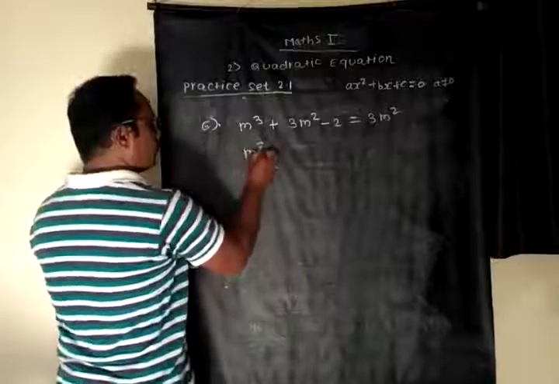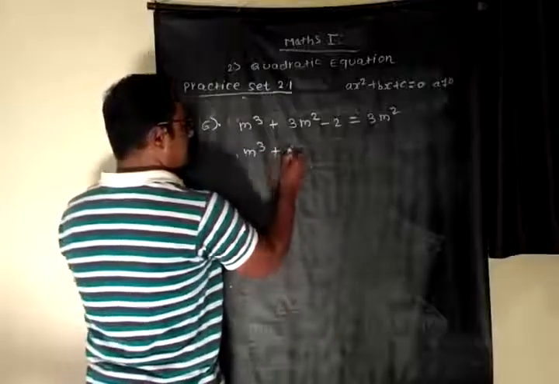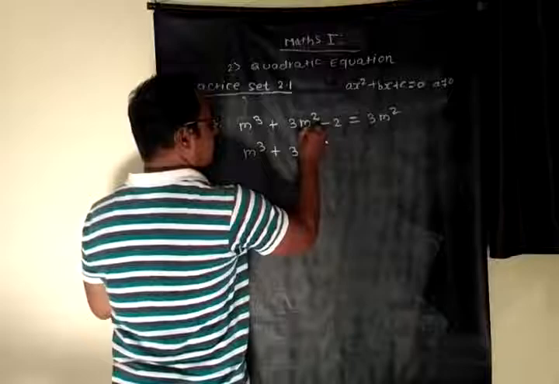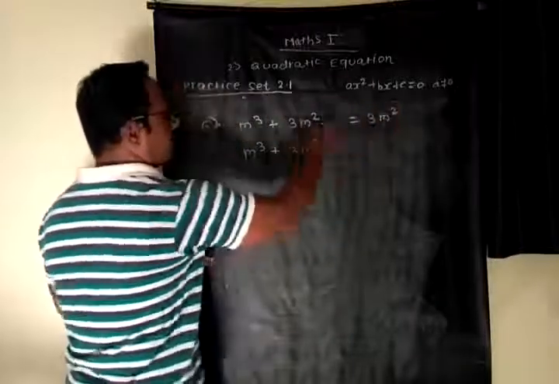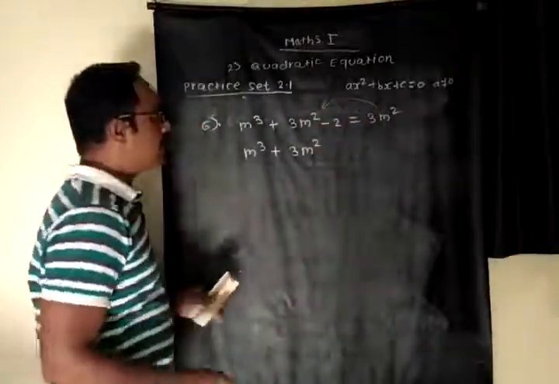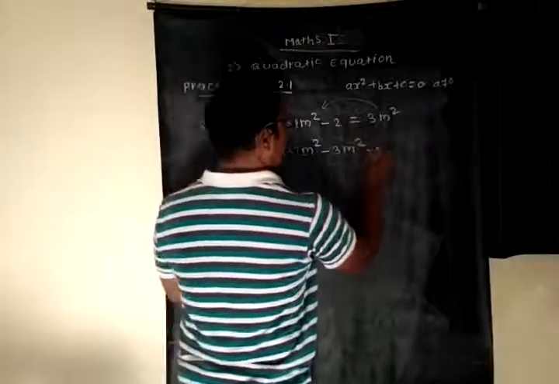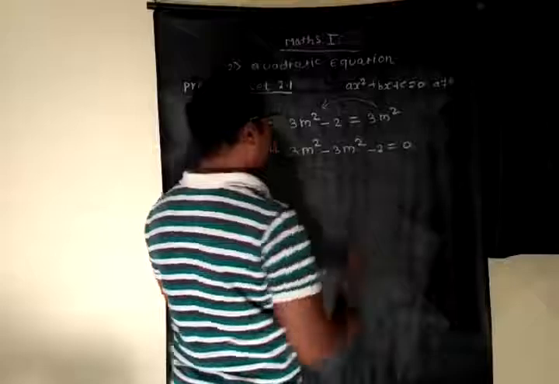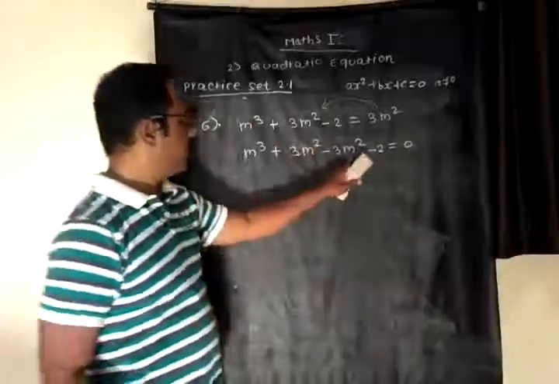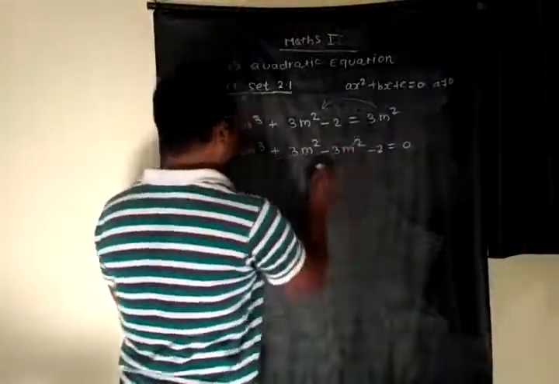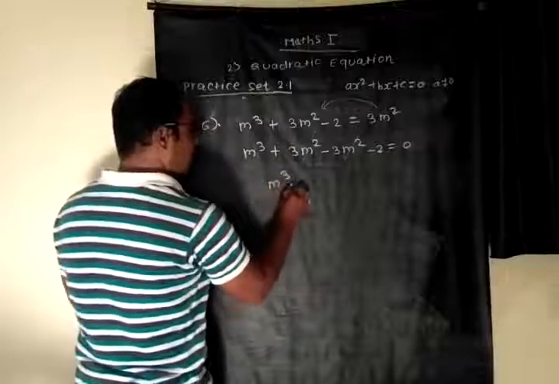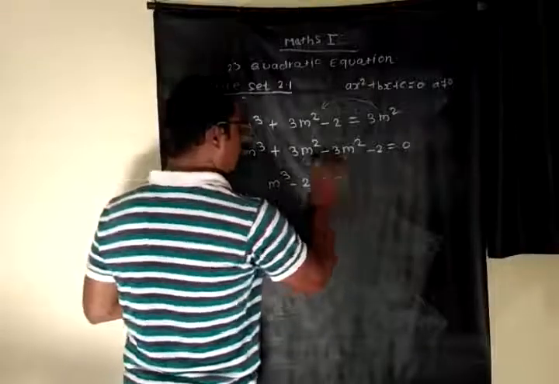So m cube is as it is, 3m square as it is. This plus 3m square will become minus 3m square, minus 2 as it is, equal to 0. Plus 3m square minus 3m square will get cancelled. So here m cube minus 2 is equal to 0.